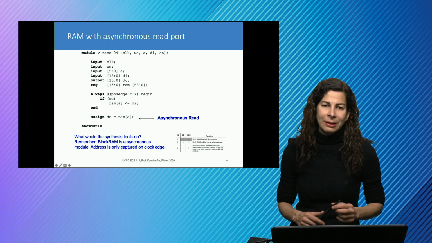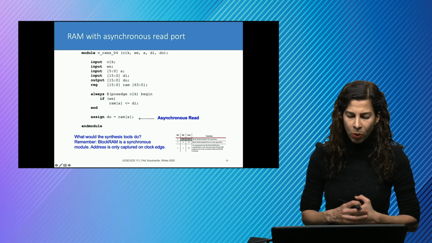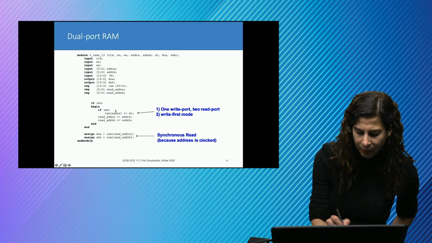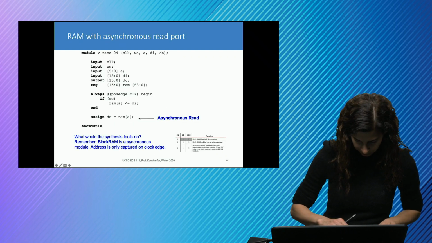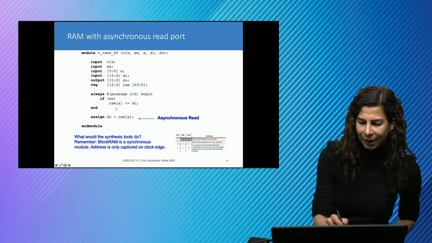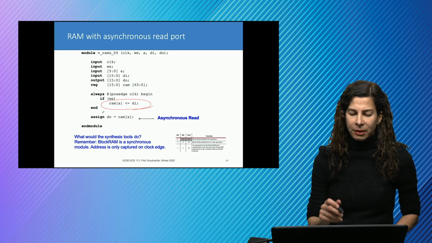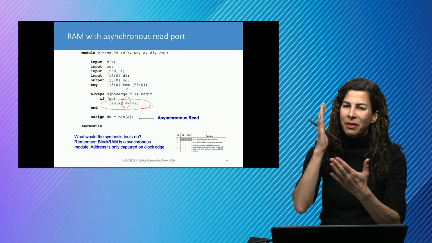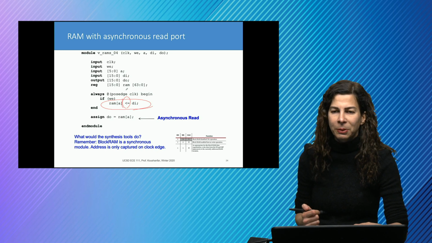You could also infer other types of RAM with asynchronous data port by doing this blocking assignment, which makes an asynchronous read. The reason for this asynchronicity is that here the non-blocking assignment on the values makes sure that on the arrival of the edge of the clock, this value is going to be written to this piece of memory.